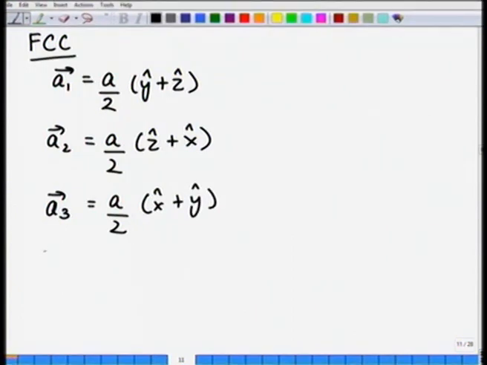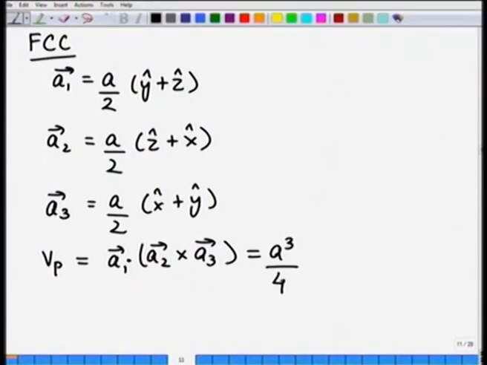So, therefore, what was the volume? Volume of this primitive cell, these are the primitive vectors. What will be the volume of the primitive cell? A1 dot A2 cross A3, that is what you need to calculate, and that quantity of course will be equal to, go ahead and check this, a cube by 4, which I can write without really calculating it, because we know in FCC, if you take the conventional cubic cell of lattice parameter a, the volume will be a cube, and since FCC has 4 lattice points per unit cell, whereas these vectors which I have written here, A1, A2, A3, are primitive vectors.